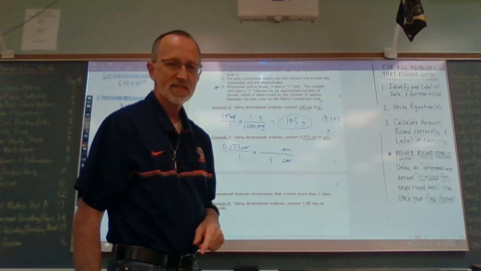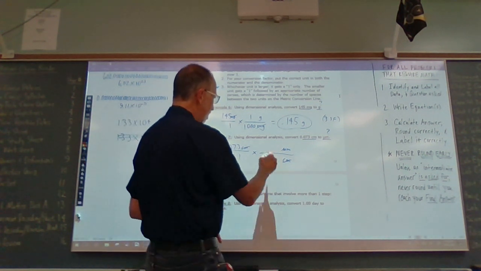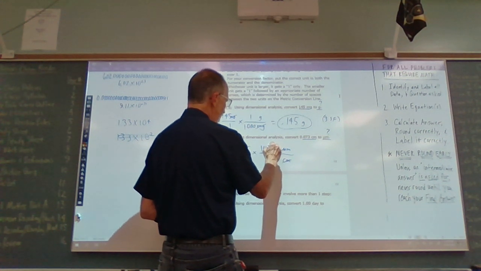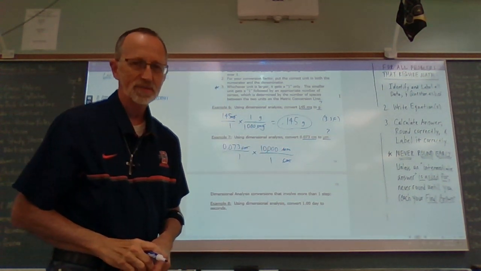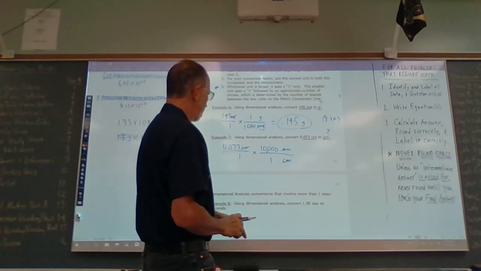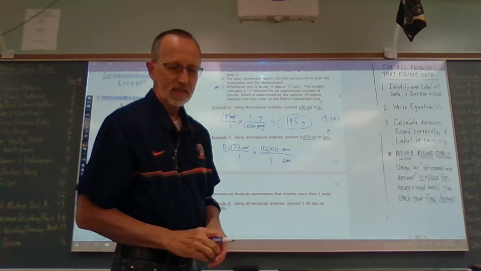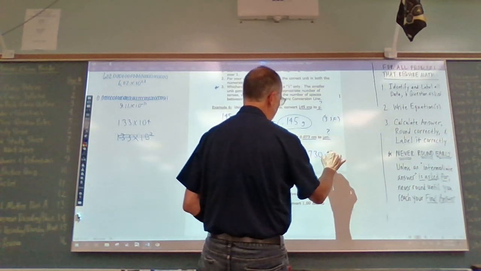It's 4 spots away, all right? 4 spots away, 4 zeros. 10,000. A 1 and 4 zeros, 10,000. So 0.073 times 10,000 is 730 micrometers.